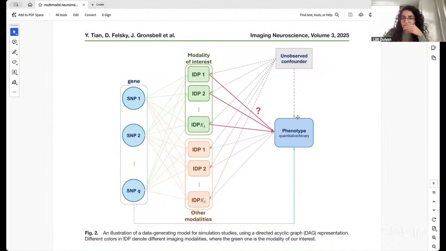So they try to get rid of some confounders, and the correlation is in both directions, and they try to find just one direction. For doing that, they compare the effect size of these two steps.